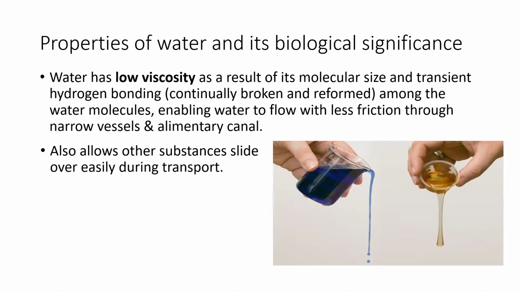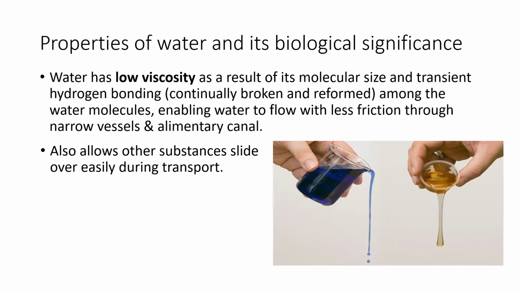Then water has low viscosity, which means it can flow very fast. The low viscosity is also a result of its very small molecular size, and the transient hydrogen bonding, as I mentioned, which are continuously broken and reformed.